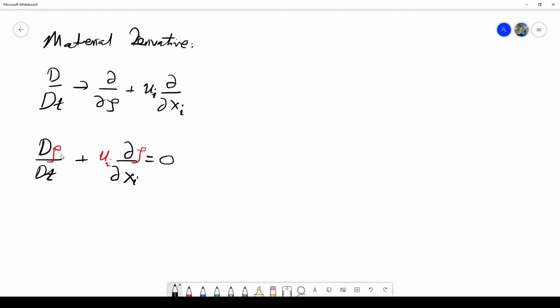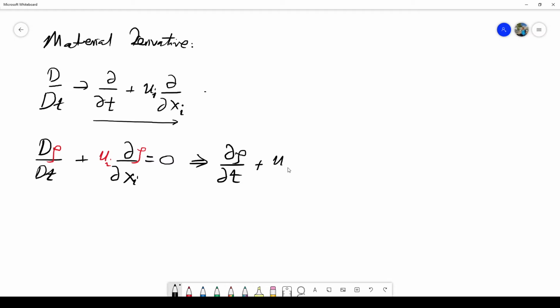So if we take this material derivative and expand it, then we can rewrite this equation so that we have d rho over dt. So here should be t instead of rho. We have dt here, plus we expand this one first.